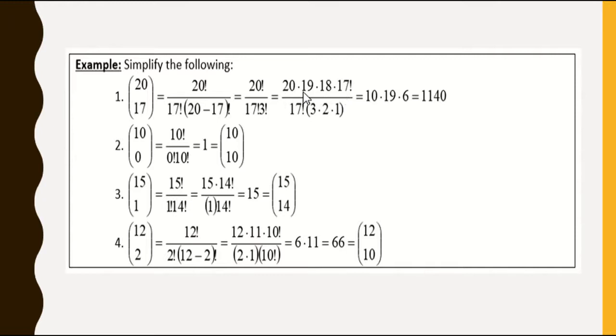So what is left on the numerator is 20 times 19 times 18. In the denominator, it is 3 times 2 times 1. Okay?